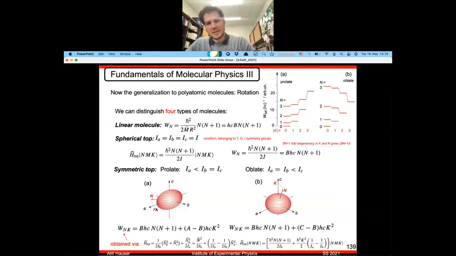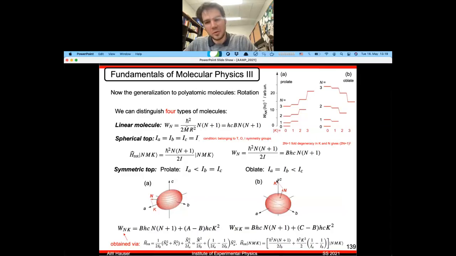And in the oblate situation, we have two moments of inertia A and B, which are equivalent, and these are then the smaller ones. So the oblate is the pancake type structure, right? We can think of it as a pancake, and we have one axis where the moment of inertia is larger. This would be this z-axis in our case here.